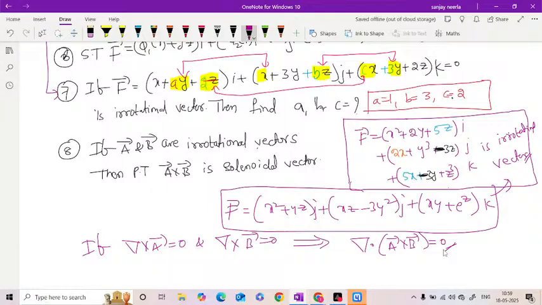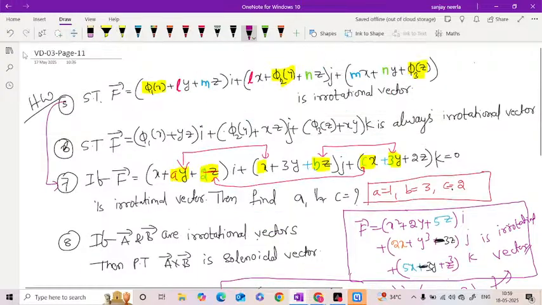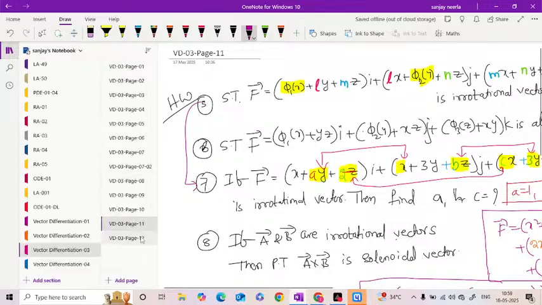Okay, this is the question. So the same question I can write like this also. Del cross a is 0 and del cross b is 0, you have to prove that del dot a cross b is 0. Okay, so this a and b both are irrotational, and for a cross b we have to prove that it is solenoidal. So this is the 8th problem in the previous class.